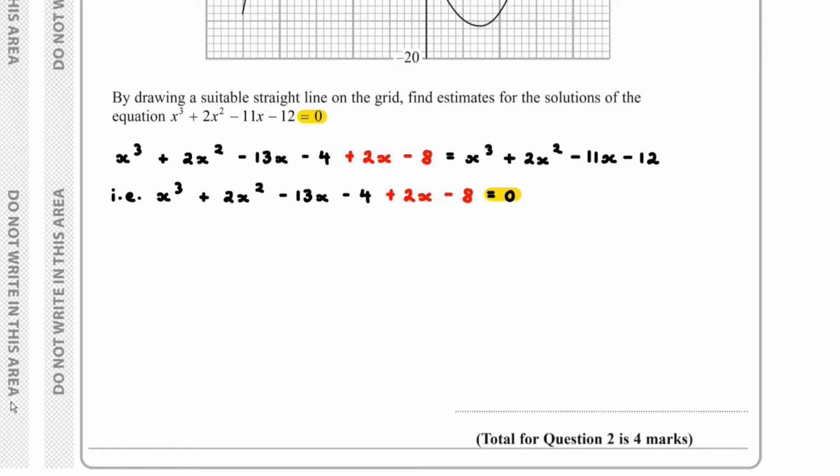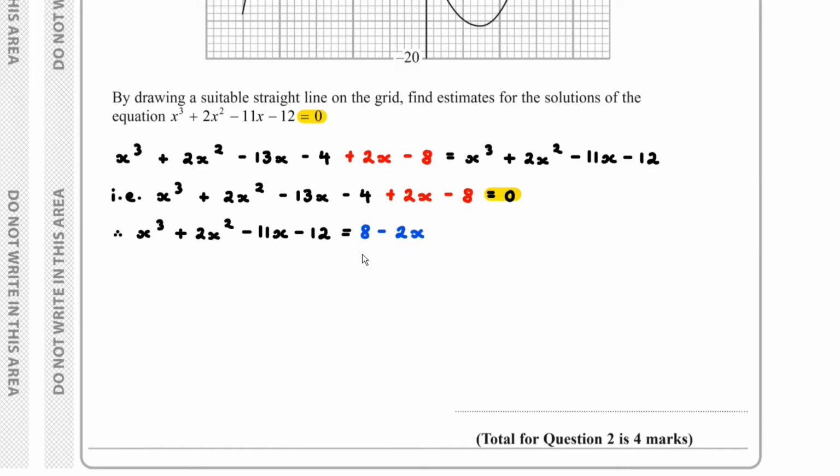Now, the graph of x cubed plus 2x squared subtract 13x subtract 4 has already been drawn on the grid. And what we can do is rearrange this equation to say that x cubed plus 2x squared subtract 11x subtract 12 is equal to 8 subtract 2x, and so we will draw the straight line 8 subtract 2x.